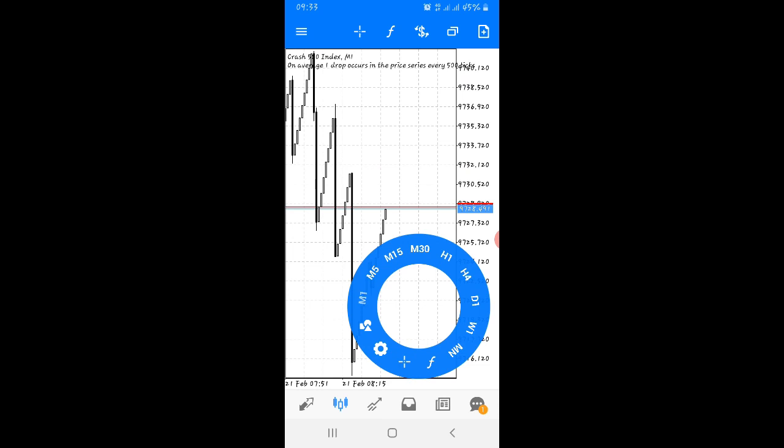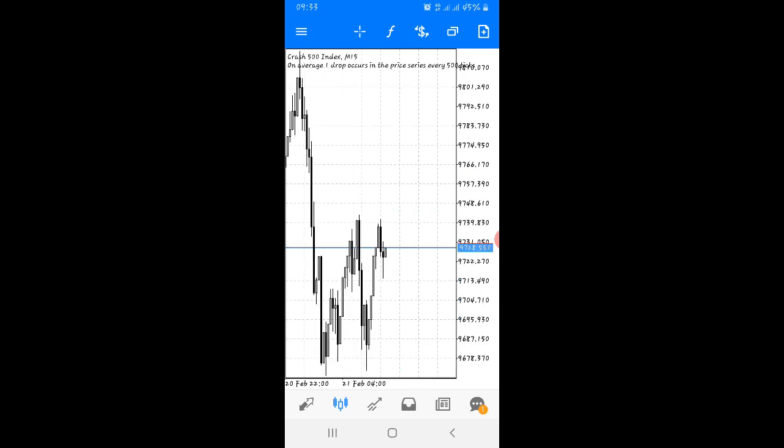Guys, I prefer using long time frame. Long time frame is the best. You just analyze from your long time frame, your daily time frame, your 4 hour chart. Then you just get your entry from a small time frame, so you won't have to face pullback.